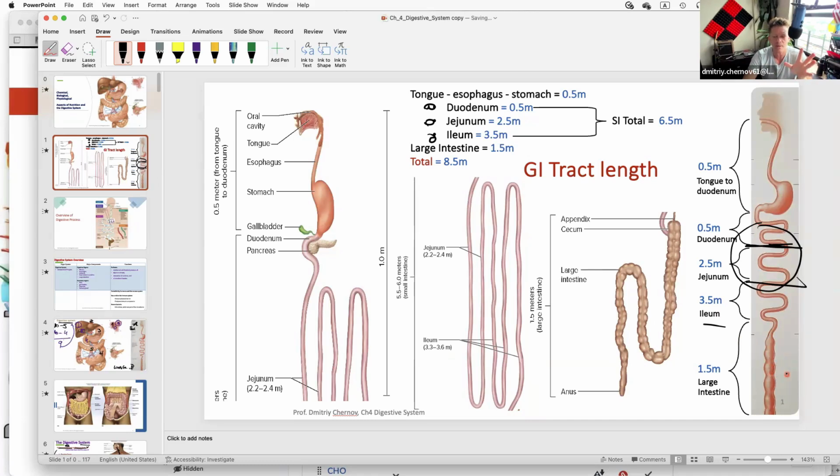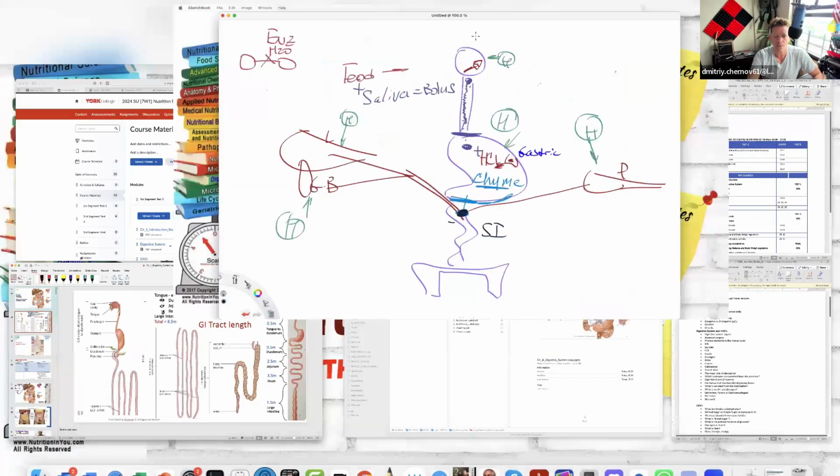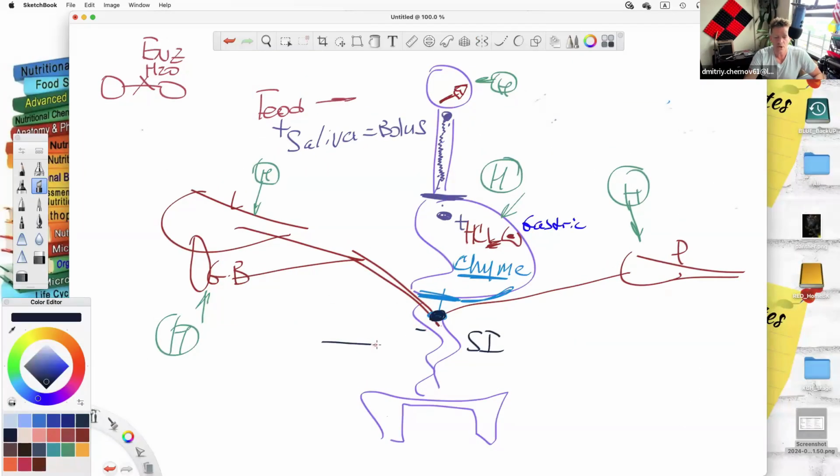There's some minimal absorption. Some food can be trapped within the small intestine and then finally be absorbed through the large intestine. Most of the water is reabsorbed through the colon, the large intestine. Because when the chyme passes through the small intestine, we also have to bring water in here, because enzymes and water together help to digest and absorb.